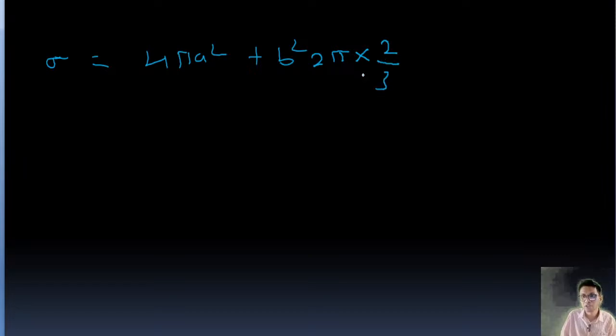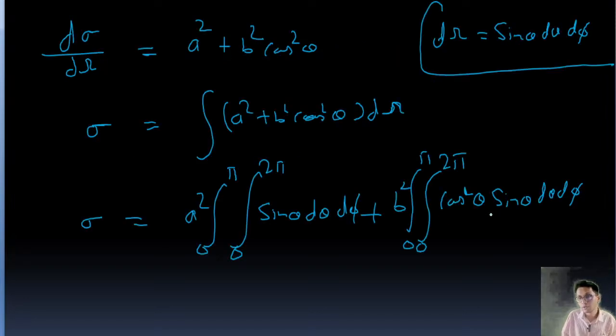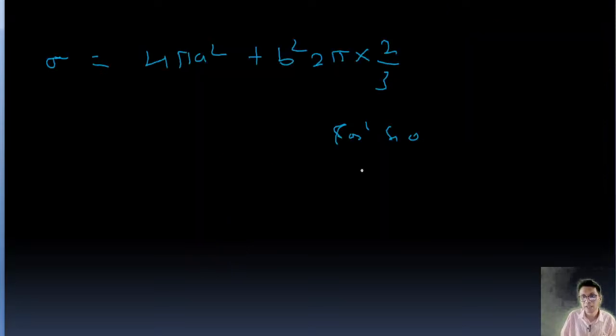The integral of cos square theta sin theta between 0 to pi: we have cos square and sin theta, so we can say let cos theta equal to t, and then we get t square. Directly, this value is 2 by 3.